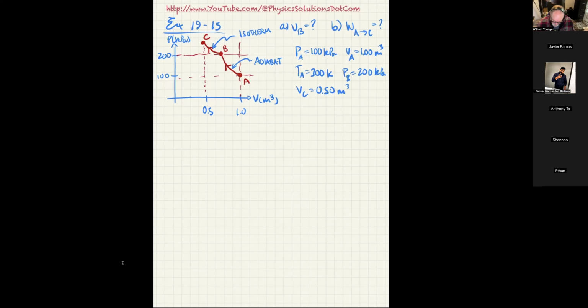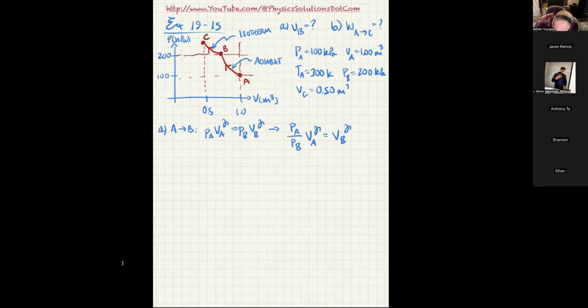If we want to start that, we can realize that since it's an adiabat from A to B, then for A to B, we know that P sub A times V sub A to the gamma power is equal to P sub B times V sub B to the gamma power. What we're looking for is V sub B. So we divide both sides by PB, and I get PA over PB times VA to the gamma equal to VB to the gamma.